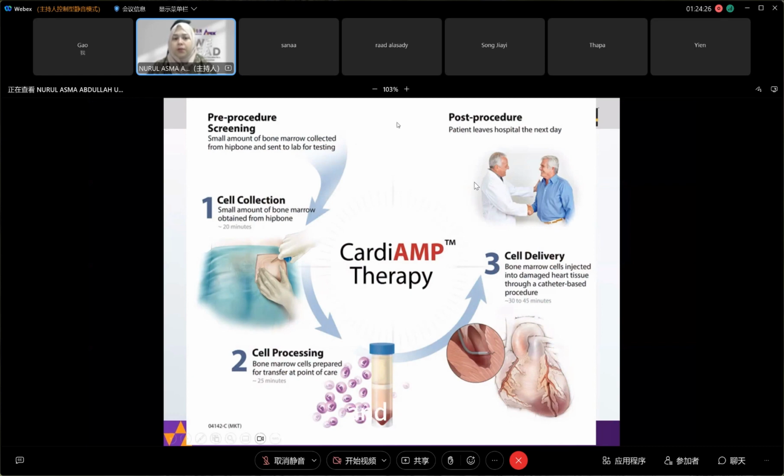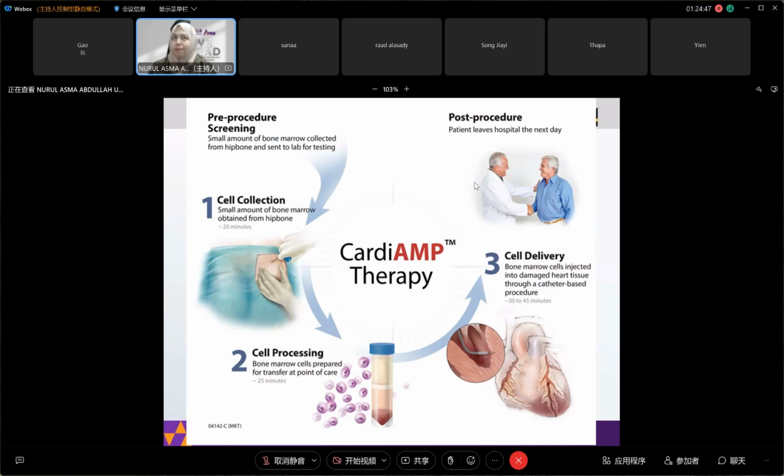And also the CARDI-M therapy. The aim of this CARDI-M therapy is to regenerate parts of the tissue, parts of the heart tissue.